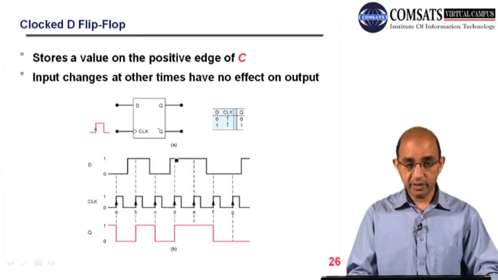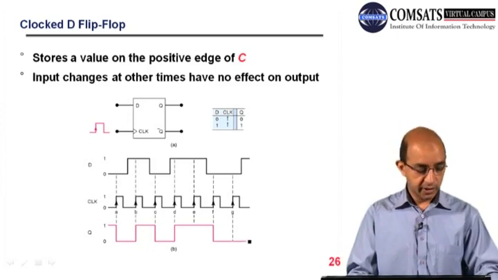Here D is high, so Q will be high, and it will remain high till the next active or rising edge. Here we have D high, and again Q follows D, it will remain high till the next rising edge. Here we have D low, so Q has to be low. Again D low, so Q will remain low.